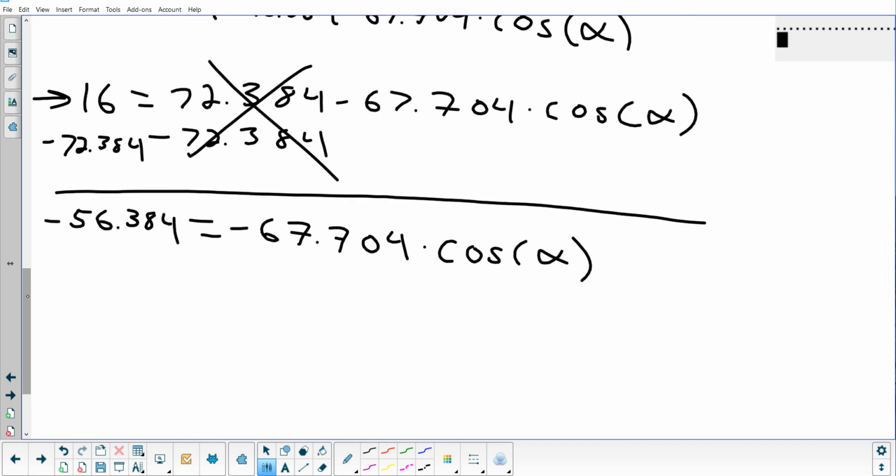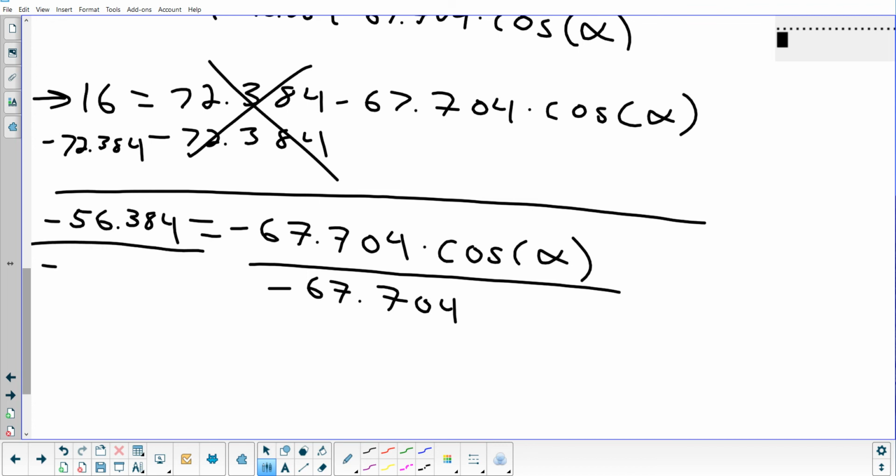Divide both sides by negative 67.704. If you're trying to get something by itself and it's multiplied by something, to undo multiplication, we're going to use division. Divide by negative 67.704. And that's going to cancel out a few things. It's going to cancel that number out, and it's going to cancel the negatives.